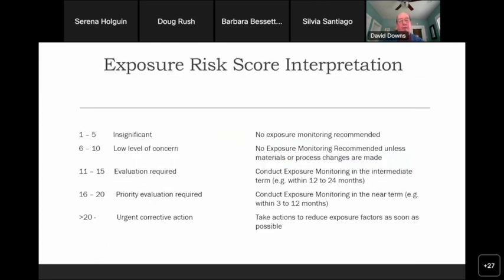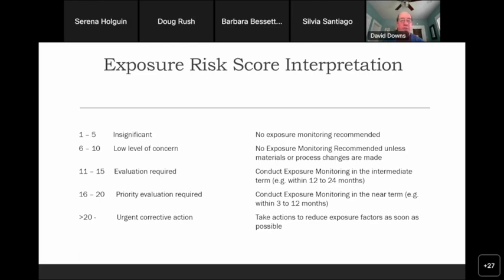If the exposure risk score is 1 to 5, it's insignificant and no exposure monitoring is really recommended. If it's 6 to 10, again, same thing, unless you make changes. In this case, it got a score of 14, so it would be one where you would want to plan to do quantitative exposure monitoring in the intermediate term, say 12 to 24 months.